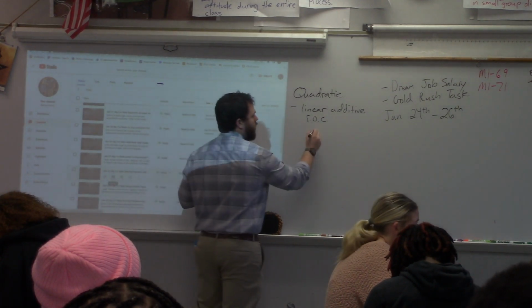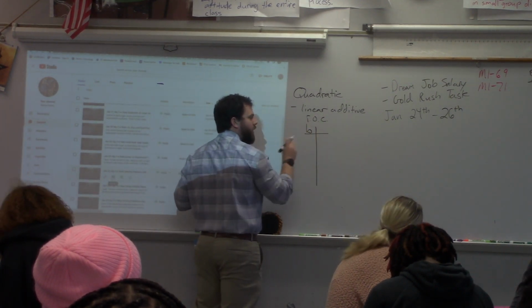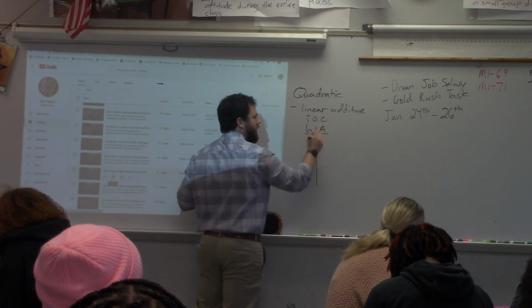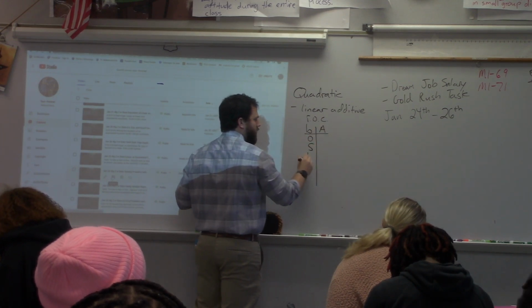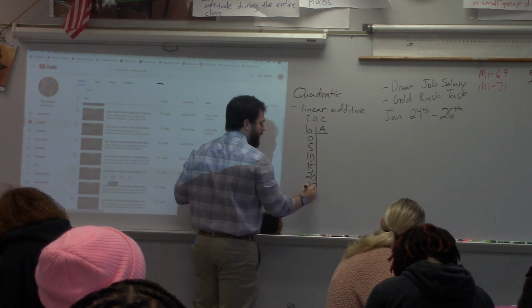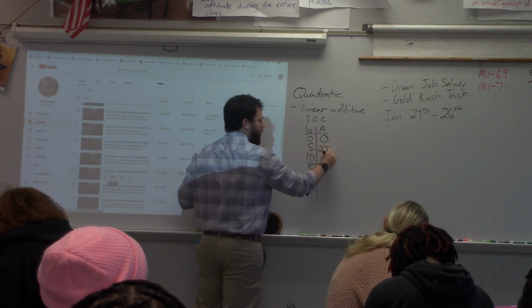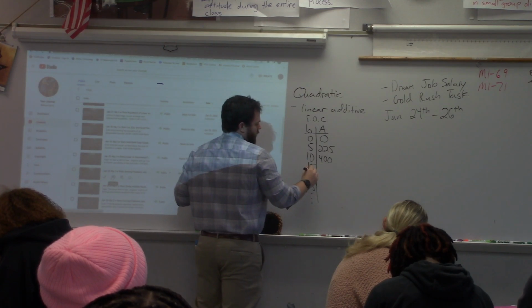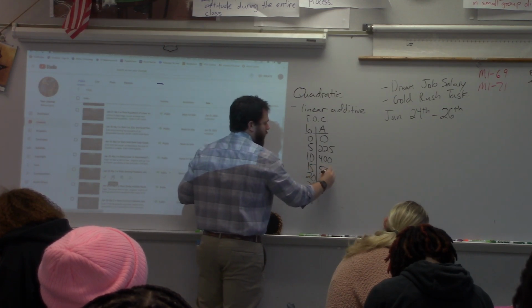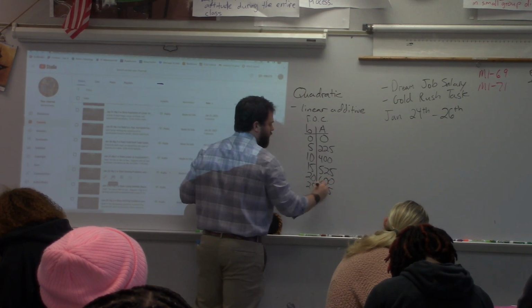You could go back to the gold rush task, where we had the base of the rectangle and the area of the rectangle. It was 0, 5, 10, 15, 20, 25, and it continued. And we had an area of 0, an area of 225, 400, 15 times 35 was 525, 600, 625, right?